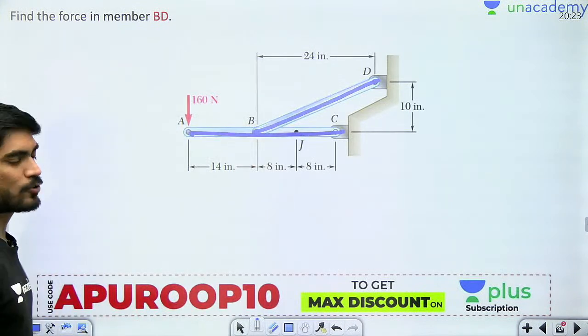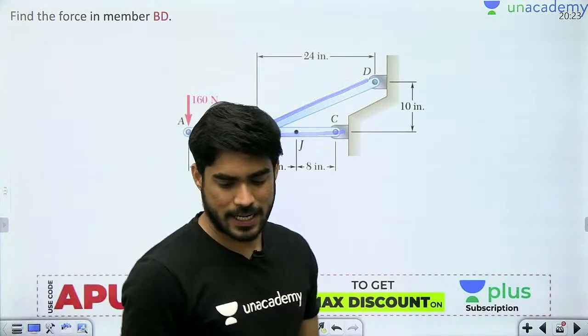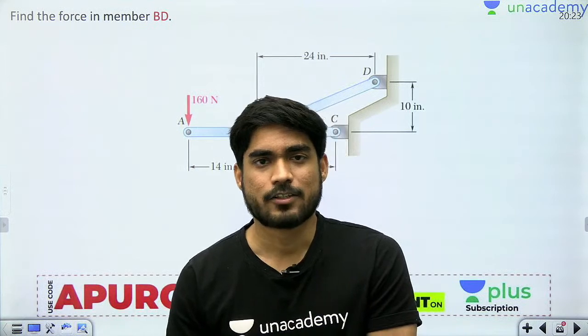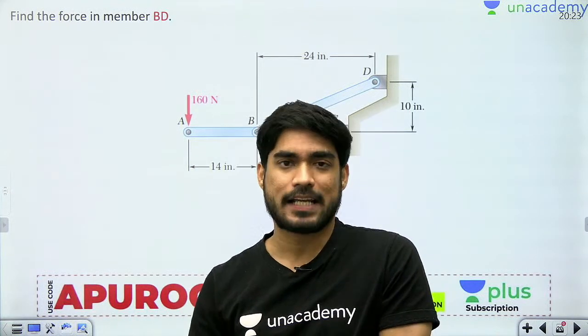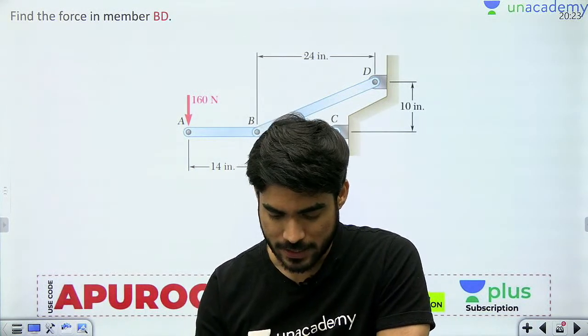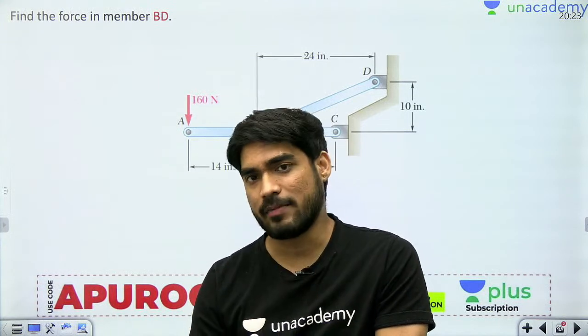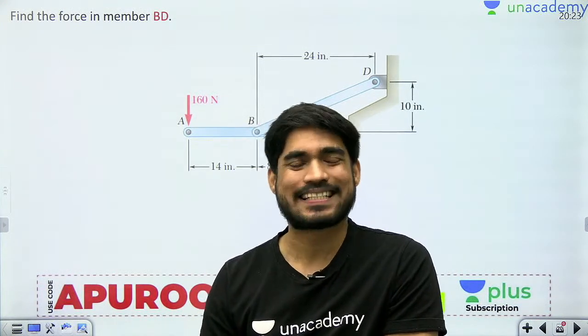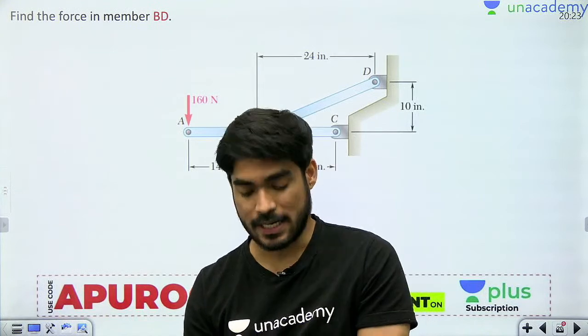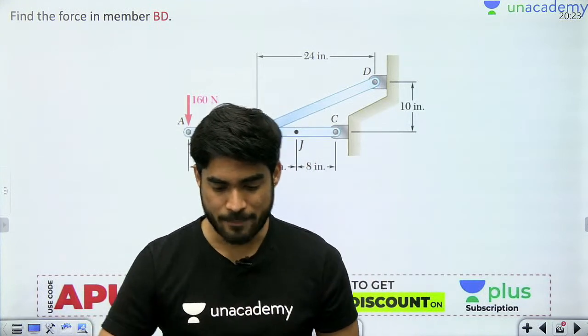Now out of these two members, one member is 2 force member and one member is multi force member. So can you tell me which member is a 2 force member and which member is a multi force member? क्या आप बता सकते हैं?